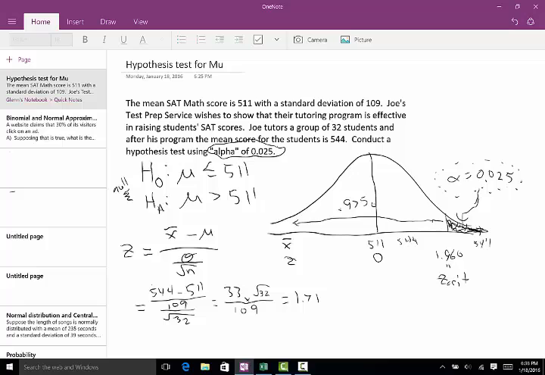Aha! 1.71 is relatively close to the 511. So this 544 is the correct placement. See it? It's not more than 2 standard deviations above the mean.